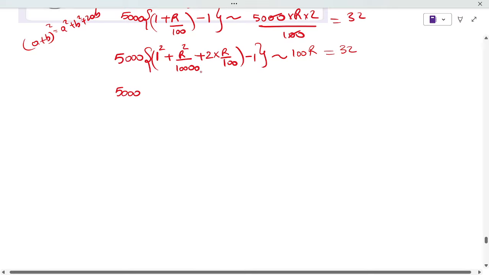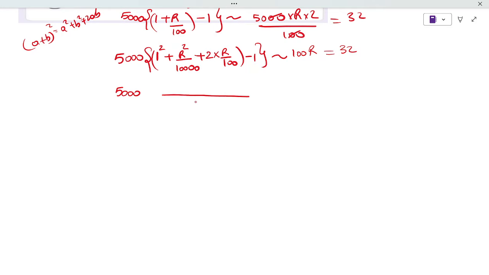Let's take the LCM overall, which is 10,000. 10,000 one time is 10,000, plus r square, plus 200 r, and 10,000 will be cancelled, minus 100 r is equal to 32.